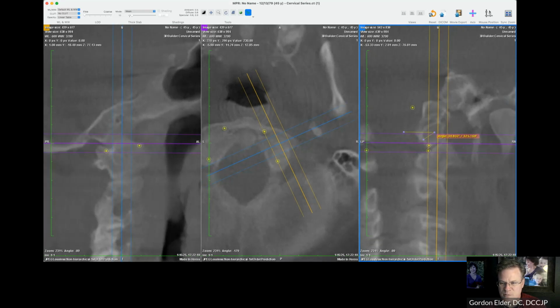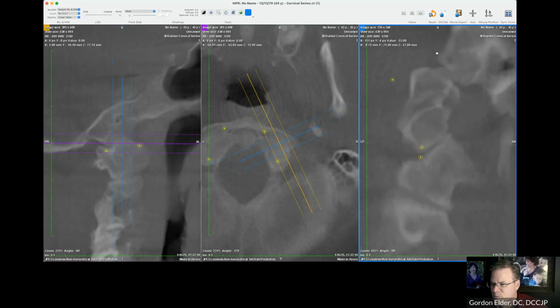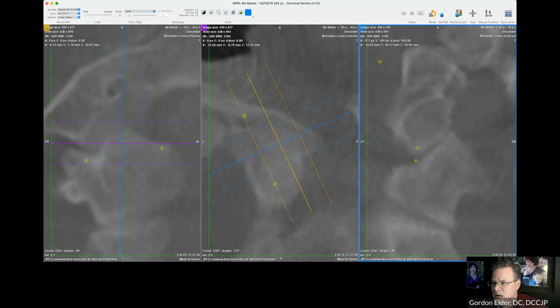It's about 20 millimeters for most people, from the very front of the joint to the very back of the joint. But what I'm going to do is, let's get rid of this. Let's get rid of that. So we can see this outside edge. Now, it looks like the outside margin of the skull and the outside margin of the atlas are not quite lined up. Now, we're measuring in reference to 90 degrees to the joint line, not 90 degrees to the ground.